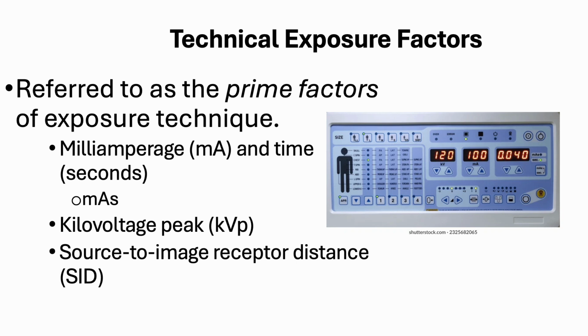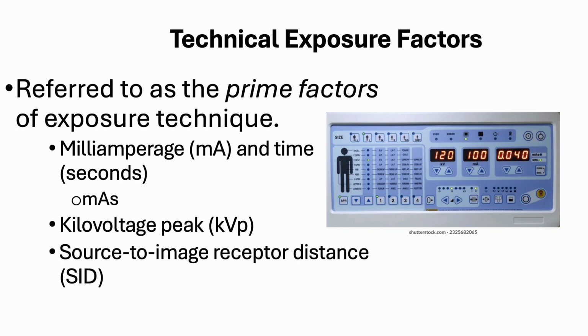So we talk about kVp. kVp is the kilovoltage that we need to accelerate that electron towards the anode. The kVp, its purpose is to penetrate the X-ray beam or the X-ray photon through the patient. Are we clear? Can you repeat it one more time?